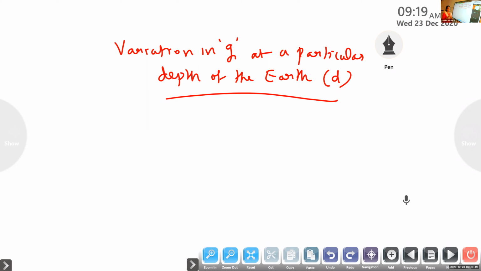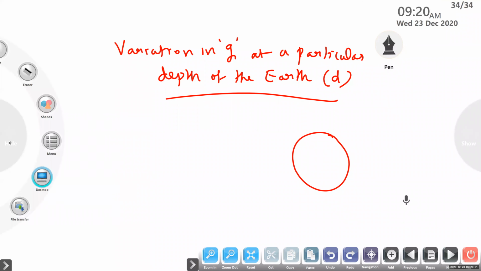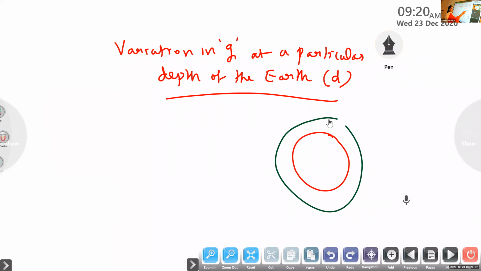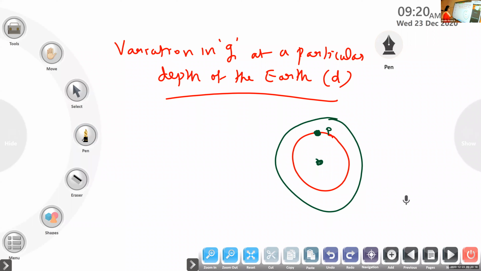Same type of steps we are moving on to, but the only thing is now the object is in the interior part of the earth. So we can draw a picture. This is the interior part of the earth. We consider there is an object P here. This is the center of the earth, that means radius.